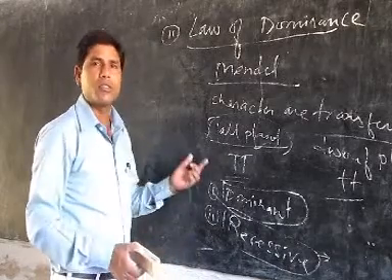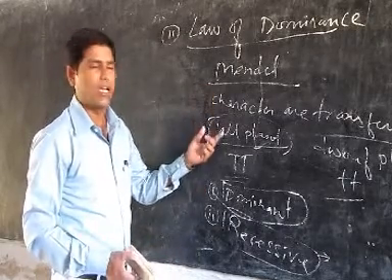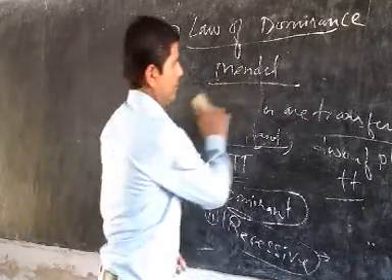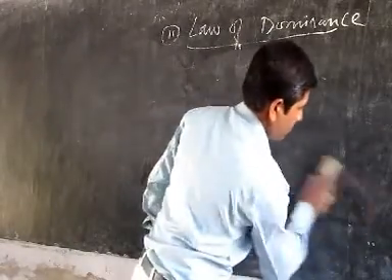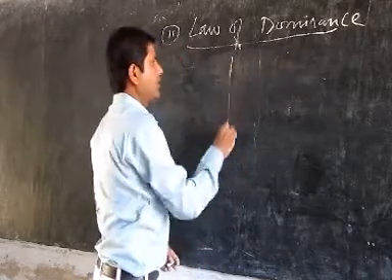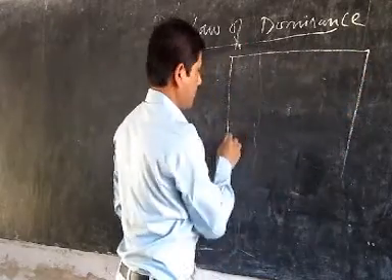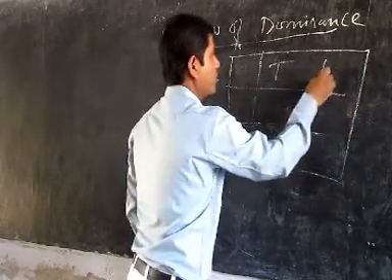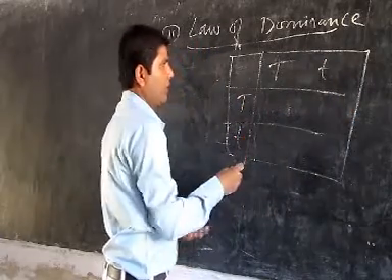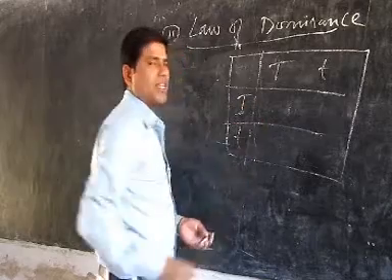are both seen in law of dominance. In this, capital T, small t, capital T, small t. Capital T indicates dominant.